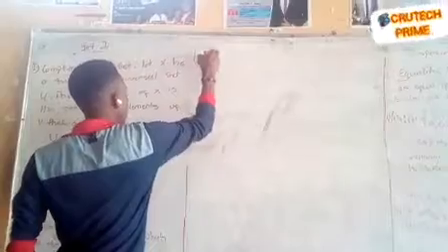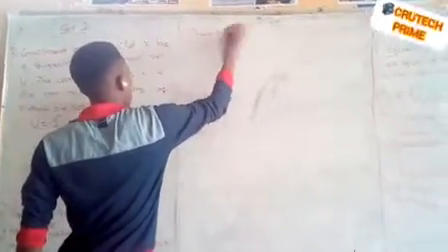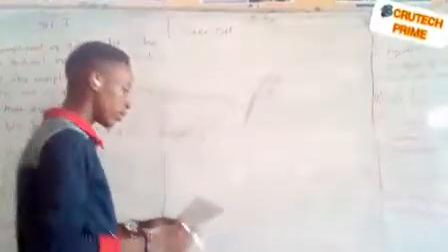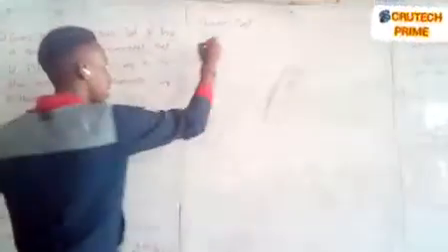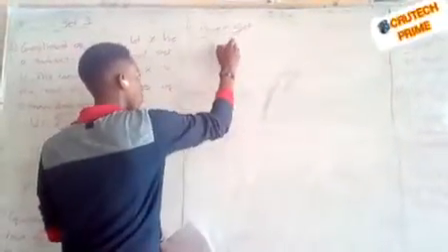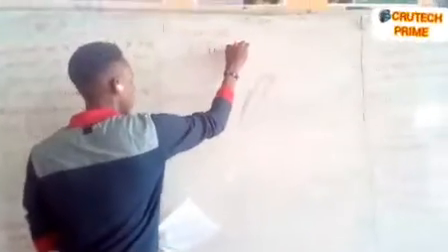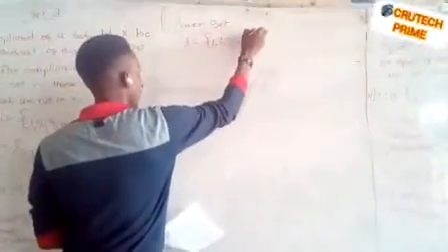Let's call it power sets. Now let's say a set A is equal to 1, 2, 3, 4, and 5.